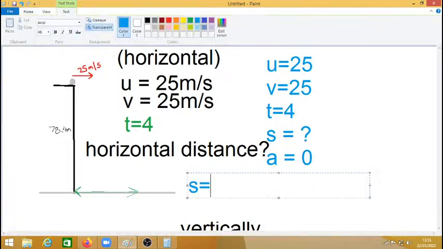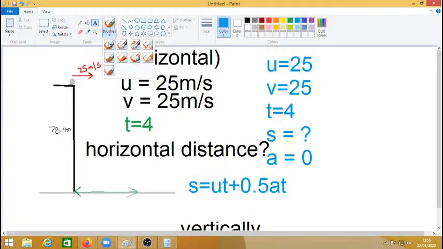There's only one that starts with s that I told you earlier, so let's try that one first. s equals ut plus half at squared. And let's just check that we have enough to put into that. Starting on the left, do we know what s is? No, we don't. That's fine. We're allowed to have one unknown.